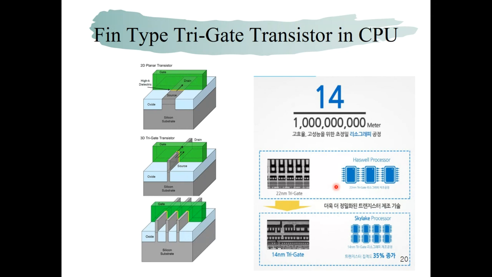But what's the limitation of such a number? If you scale down to 3 nanometer, maybe it's possible. There is some report that a 3 nanometer transistor can be made. But how about the next one? Can you go to 1 nanometer or even less than 1 nanometer? That's impossible. That's why we need a new idea to make a better transistor in an even smaller size.